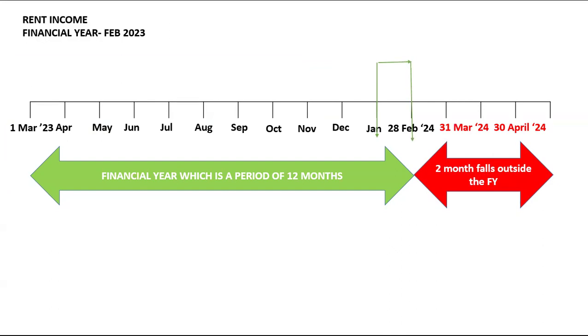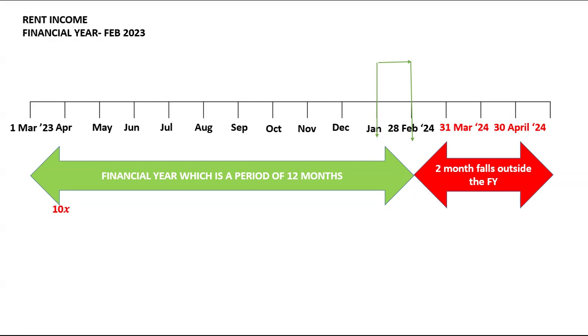Please note that our rent was X for 1, 2, 3, 4, 5, 6, 7, 8, 9, 10 months. So it will be 10x. And then after 10 months, it decreased by 13,500. So it was X minus 13,500 for January, February, March, April, which is 1, 2, 3, 4.